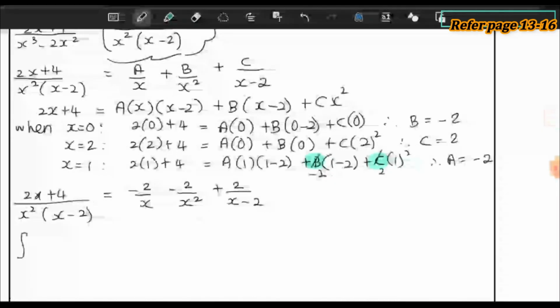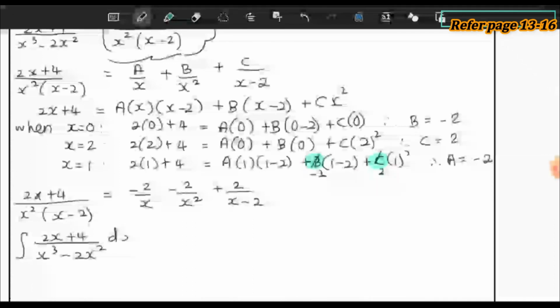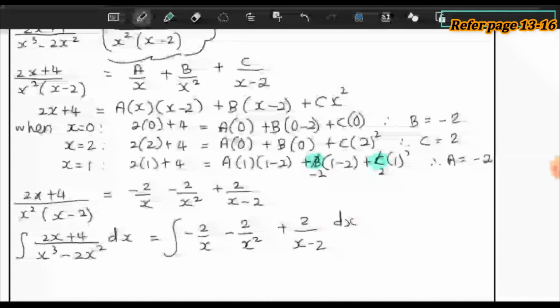Therefore, the integration of (2x + 4)/(x³ − 2x²) dx equals the integral of −2/x − 2/x² + 2/(x − 2) dx.